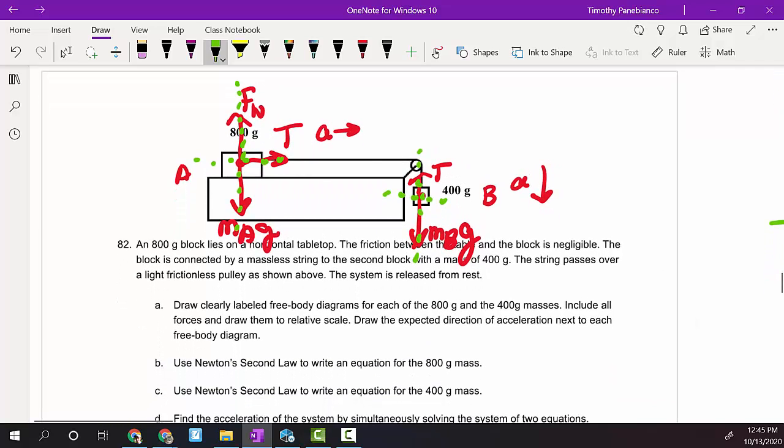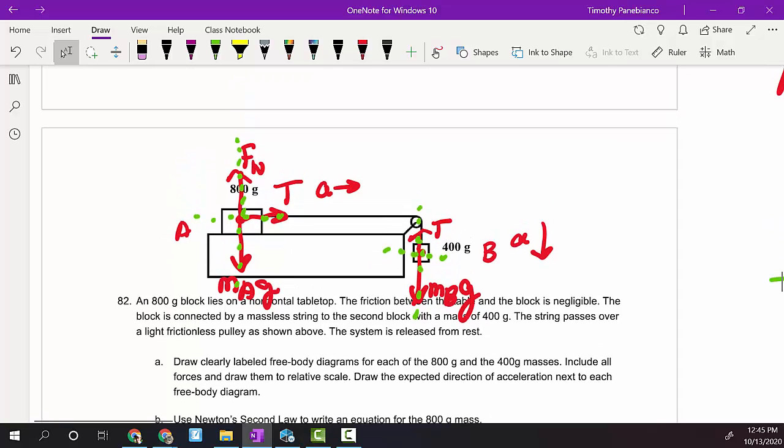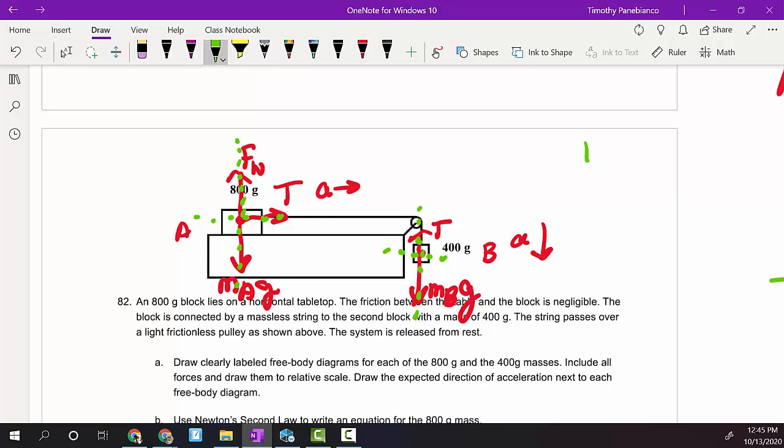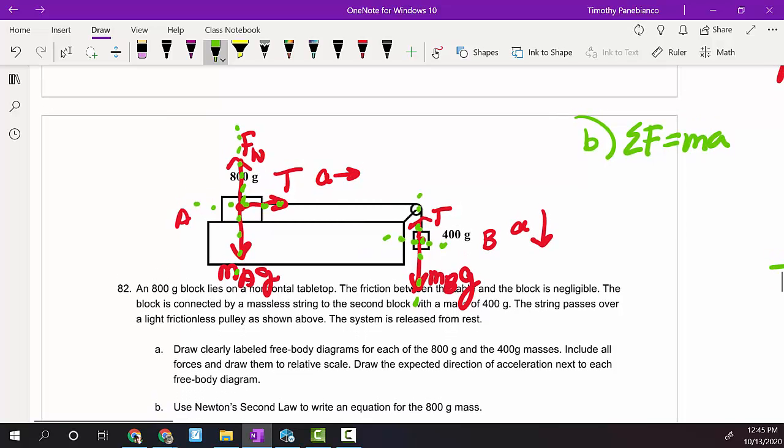Now, going on to part B. Use Newton's second law to write an equation for the 800 gram mass. So in part B, we write sigma F equals MA. Now it didn't say in the X or Y, but clearly the most interesting thing going on for this problem is in the X-axis, because that's the direction of the acceleration.